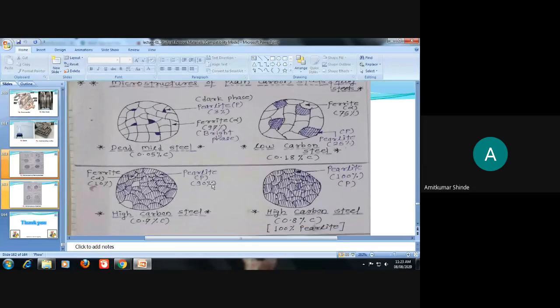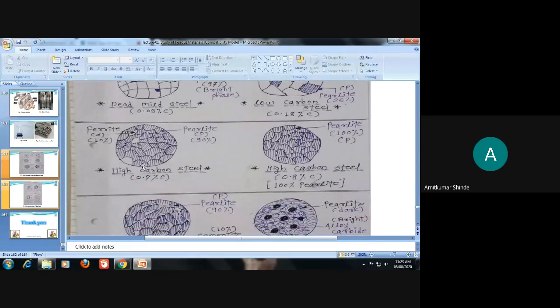As carbon percentage increases, ferrite quantity goes on decreasing and pearlite quantity goes on increasing. For medium carbon steel, 0.3 to 0.6% carbon, ferrite and pearlite will be 50% each. And in high carbon steel, above 0.6%, at 0.8% carbon, only one phase will be there, that is pearlite.